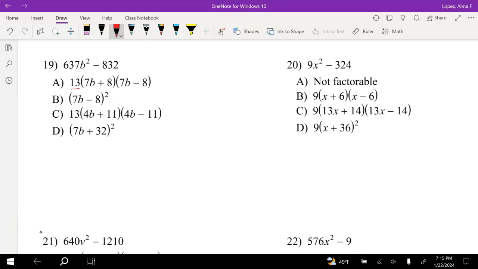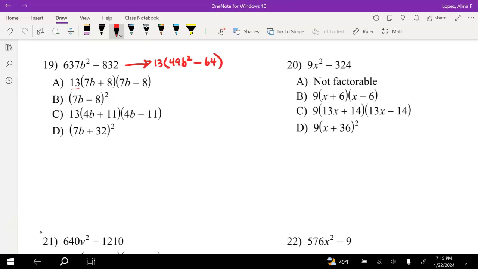So I'm going to start off by dividing 637 by 13. And it comes out even. If I factor a 13 out of the first term, it's going to leave behind a 49b squared. That means I hope 832 divided by 13 is 64.